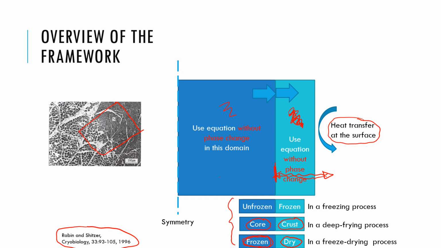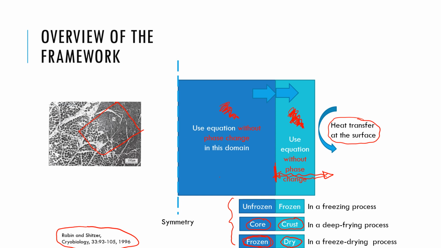In some cases that will be just the heat conduction equation, but with the properties of this zone. Likewise, for the left hand side, we'll have the same equation but with properties of the region where phase change has not happened.